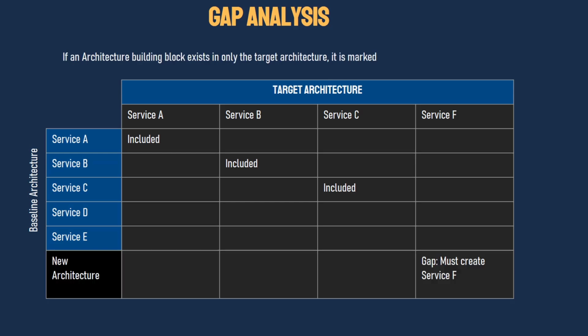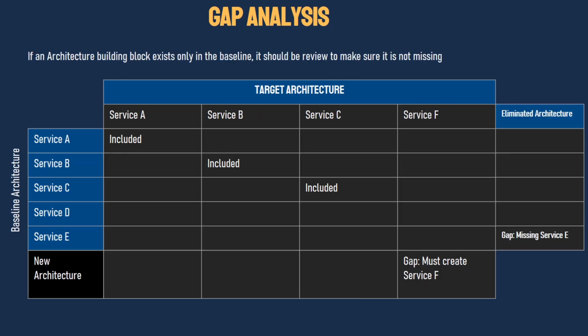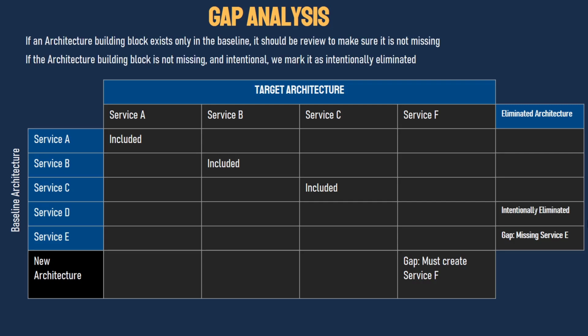If an architecture building block exists only in the target architecture but not in the baseline architecture, it is marked as new. If an architecture building block exists only in the baseline but not the target, we should review it to make sure it is not something that we have forgotten about or missed. If the architecture building block is not missing and is intentional, we mark it as intentionally eliminated.